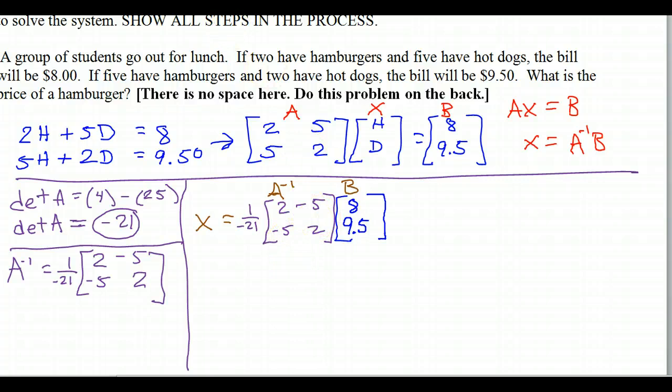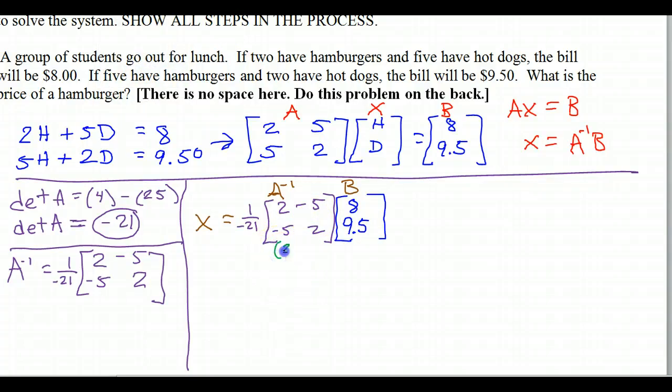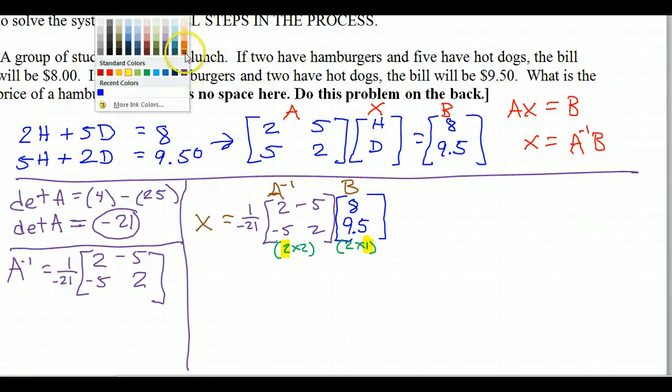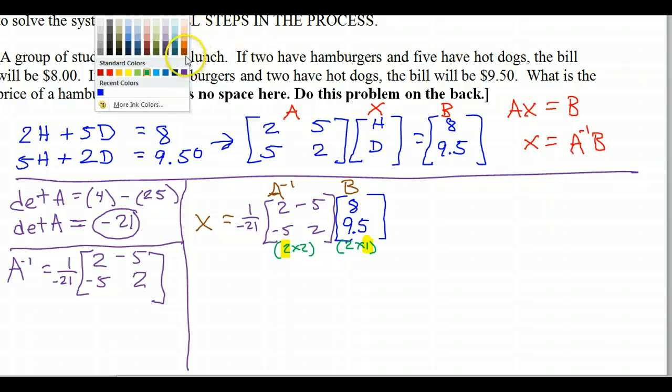So please understand that what I am looking at here is a 2 by 2 matrix and a 2 by 1 matrix. Therefore, the shape of my answer will be 2 by 1. So that is useful to know, my people. Whoa, that's not what I meant to do.